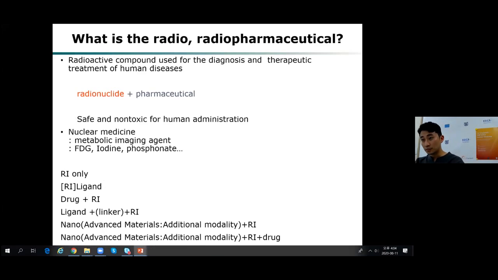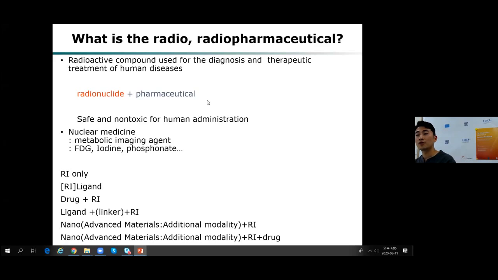Previously we studied radioactive compounds used for diagnosis and therapeutic treatment of human disease. A radionuclide is conjugated to pharmaceutical compounds, and then we can easily access diagnostics or therapy.